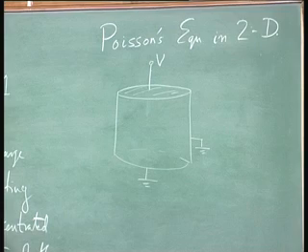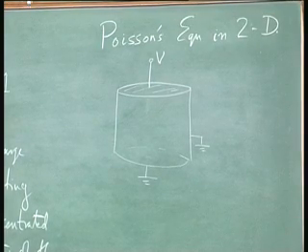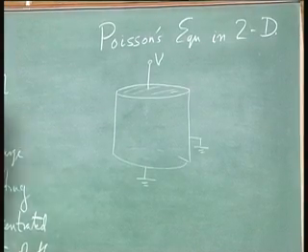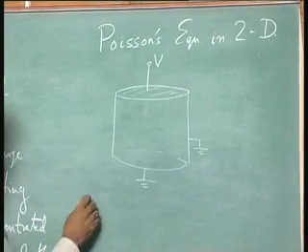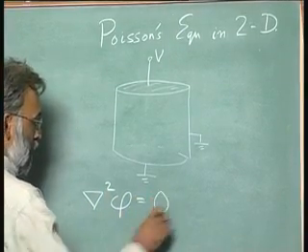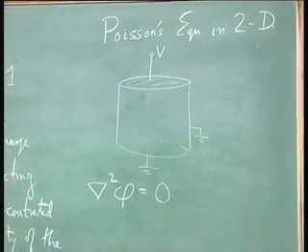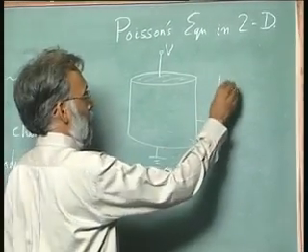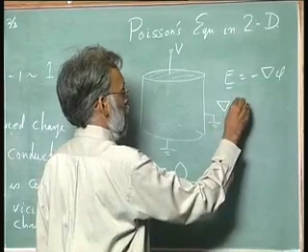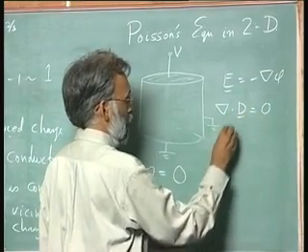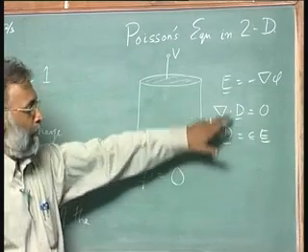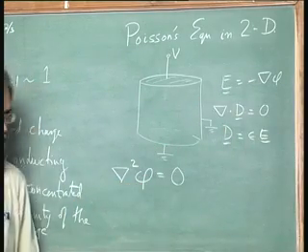I would like to know the capacitance of this object, but how do I do it? If I write down the equation that has to be solved, the equation is del squared phi is equal to 0. There is no charge inside. So, I had electric field was minus grad phi, and divergence of D was equal to 0, and D was equal to epsilon E. So, if I combine all three equations, I get Laplace's equation.